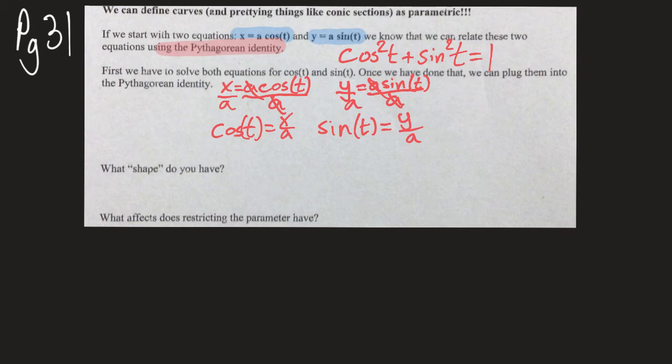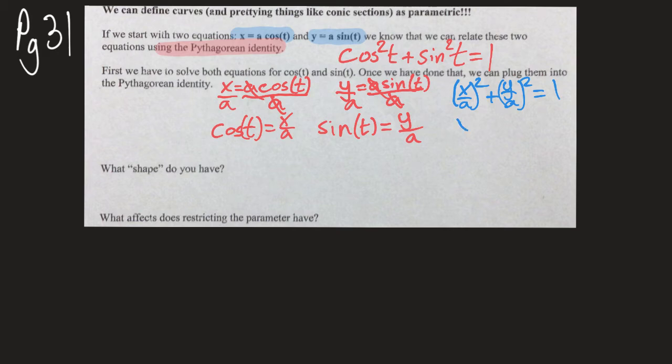So when we plug this back into the Pythagorean identity, we're going to have x divided by a, squared, plus y divided by a, squared, equals 1. Well, we're going to distribute the exponents.